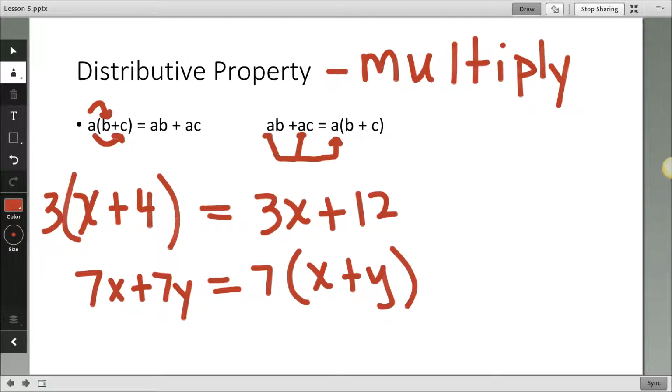See, both terms are being multiplied by 7. I pulled that 7 out, and then what's left in parentheses is x plus y. So you have to see parentheses and multiplication to have distributive. Don't confuse it with associative, where you can only have one operation at a time, either multiplication or addition.